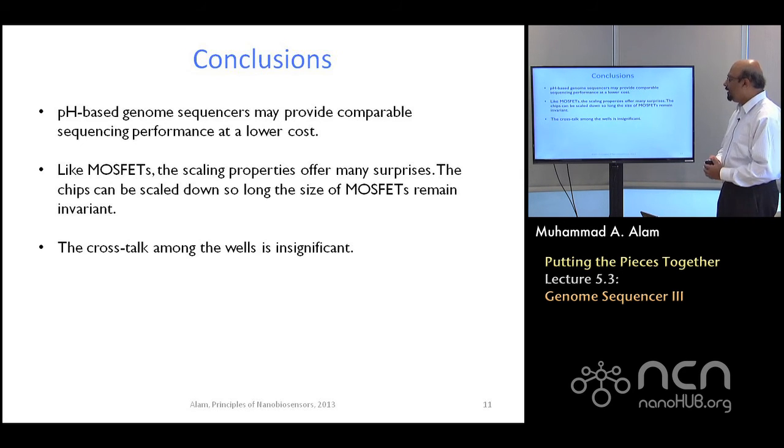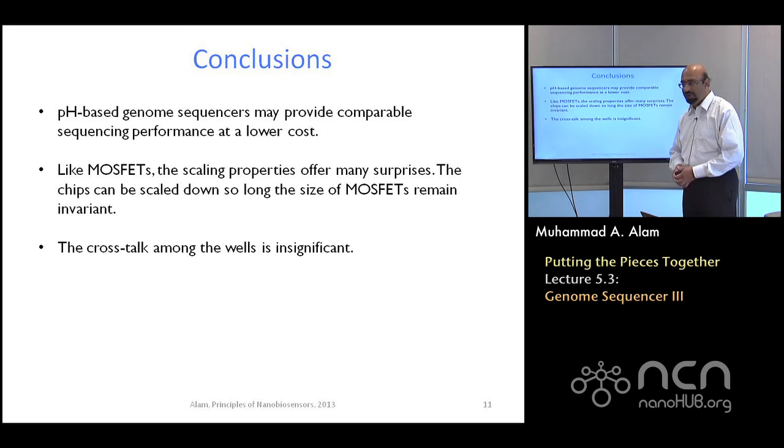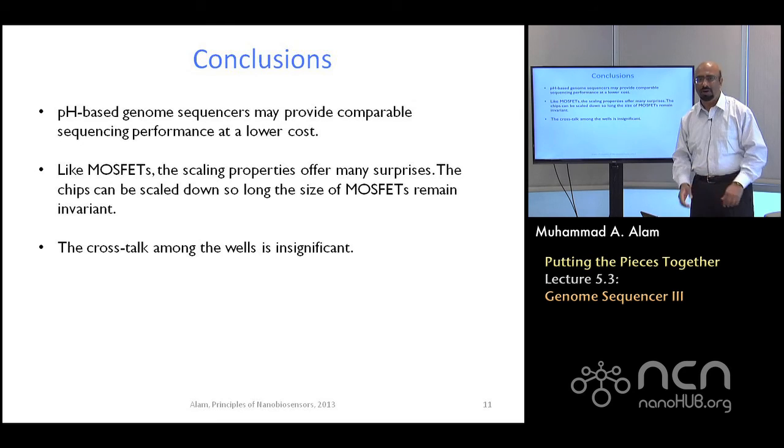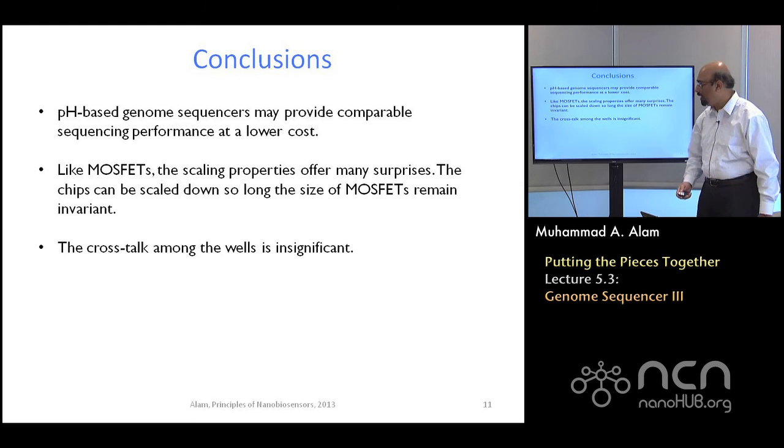Now, one of the concerns often raised was crosstalk between the loaded well and the reference well. It turns out that the crosstalk among wells, if you do the calculations, is really insignificant. When the protons come out of individual wells, they essentially get diffused in the bulk solution, and a large fraction of them don't go and contaminate the neighboring well.